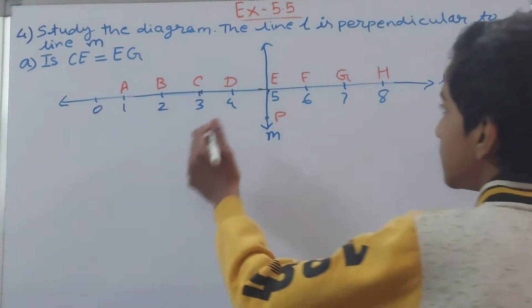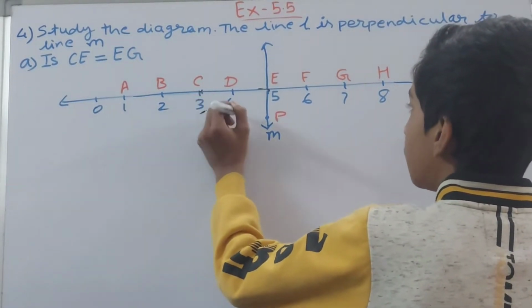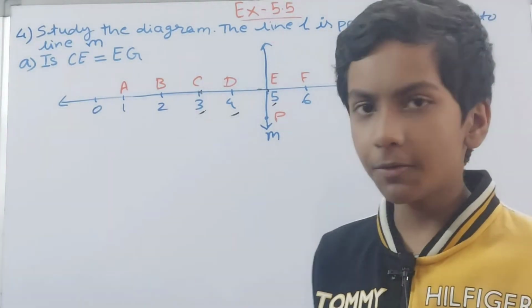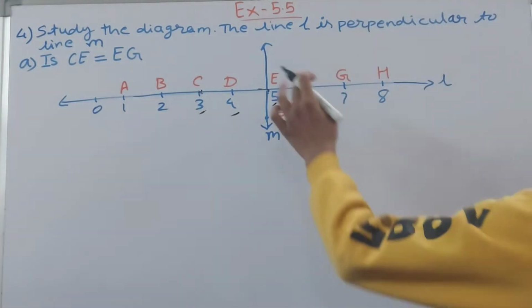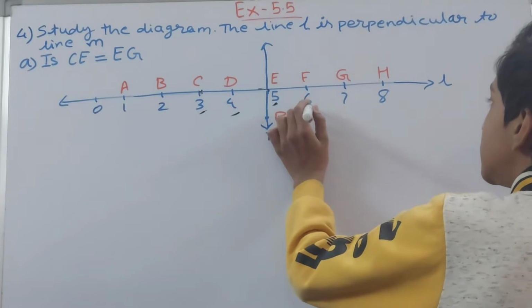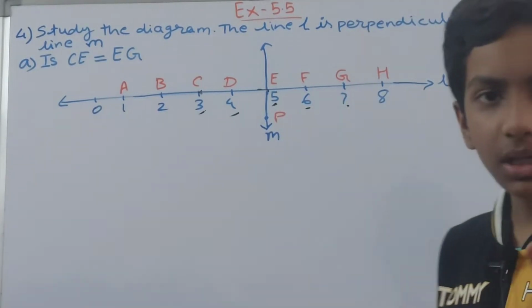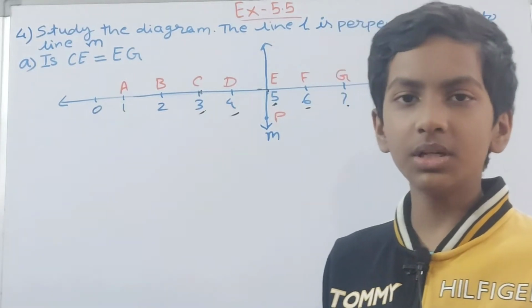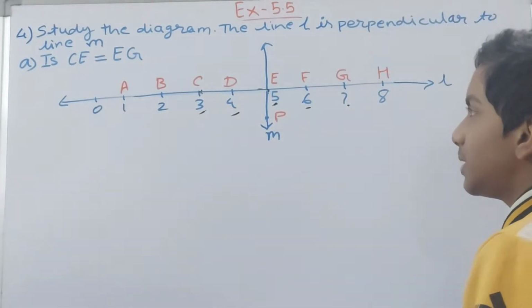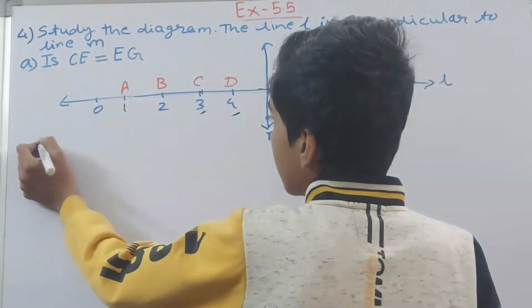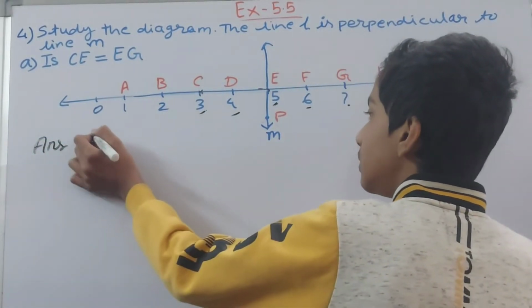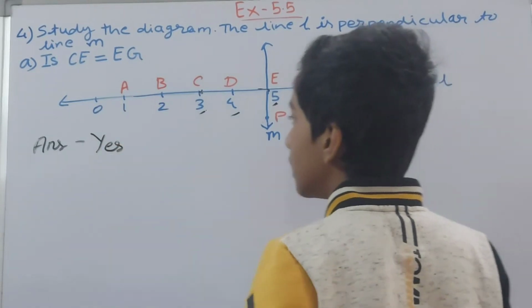From C to E we have 3, 4 and 5. These are 3 numbers. From E to G we have 5, 6, 7. 3 numbers again. So the answer is yes, CE is equal to EG. You can write yes over here.